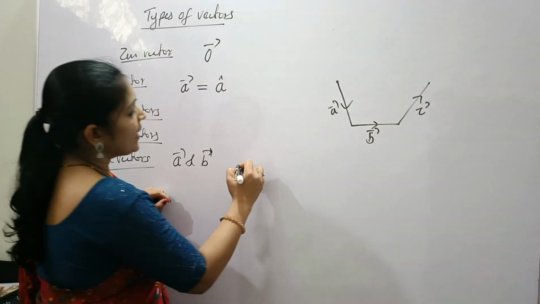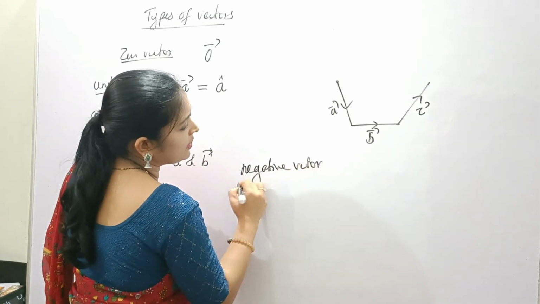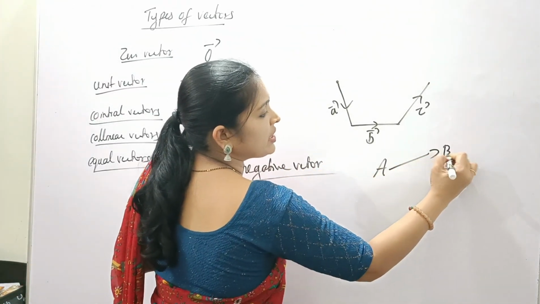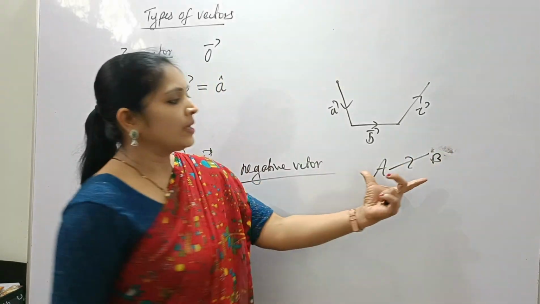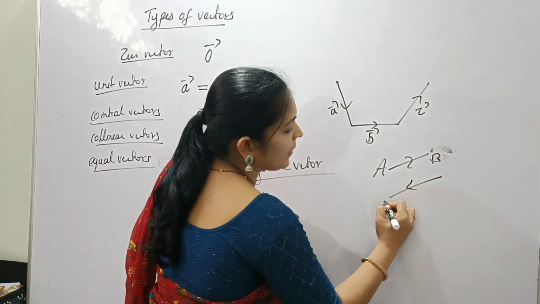Next is negative vector. See here vector AB and vector BA.